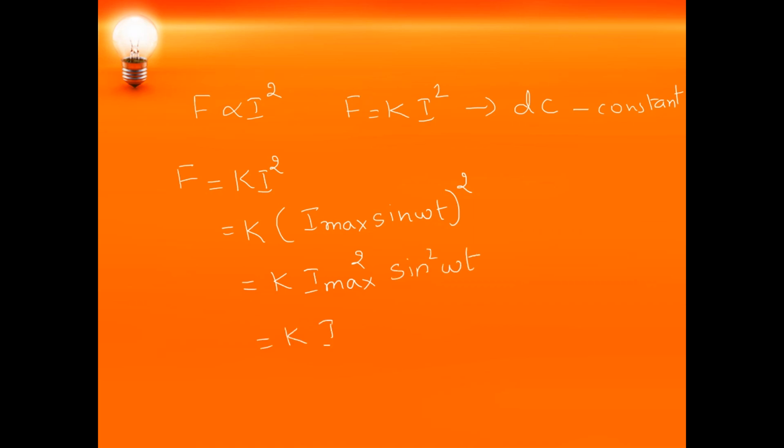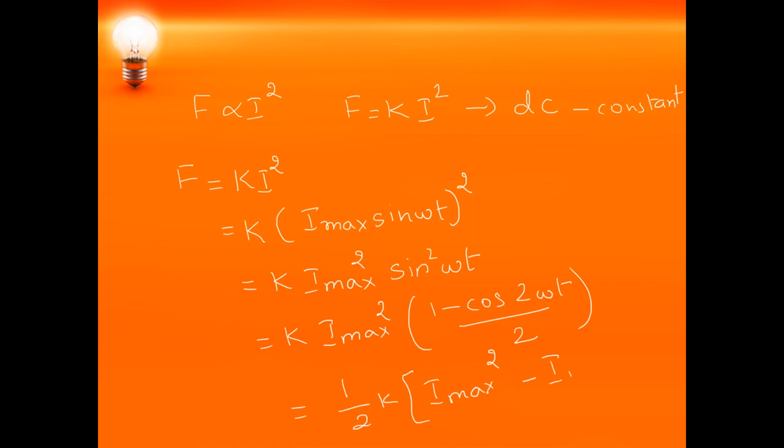We can rewrite this as I max square sine square omega t is 1 minus cos 2 omega t by 2. So we can rewrite this as half into K I max square minus I max square cos 2 omega t. So this is our first term. This along with this half K is our second term.